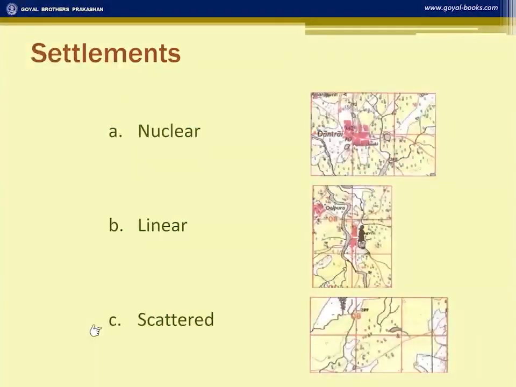And scattered is, as the name says, one is here, one is there and one is there. It shows that very few permanent huts are there, situated far apart. So these are the three types of settlements.